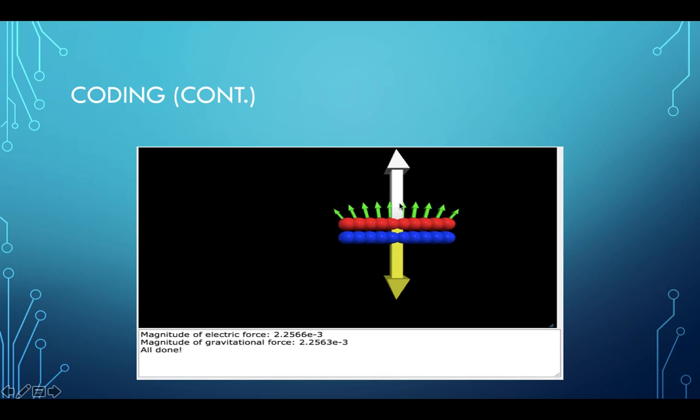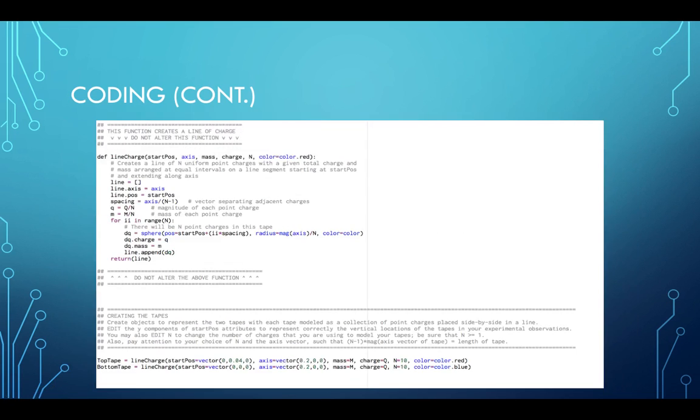So as you can see here, the green arrow is the electric field, red's the top tape, blue's the bottom tape. The yellow represents the gravitational force, and the white arrow represents the electrostatic force, as you can see, pointing upwards and opposite from the gravitational force. And then basically to get the magnitude of the electric force equal to the gravitational force, I had to guess the Q value, which I mentioned earlier.